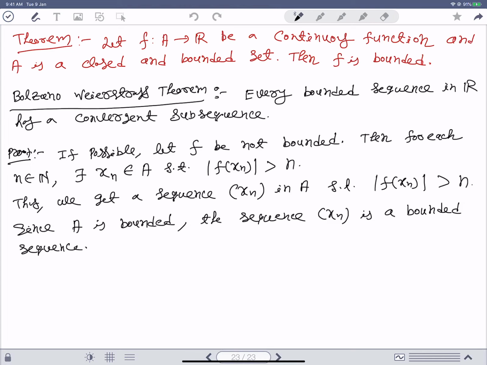Right? Now since the sequence xn is a bounded sequence, by the famous Bolzano-Weierstrass theorem, we get a convergent subsequence, right?